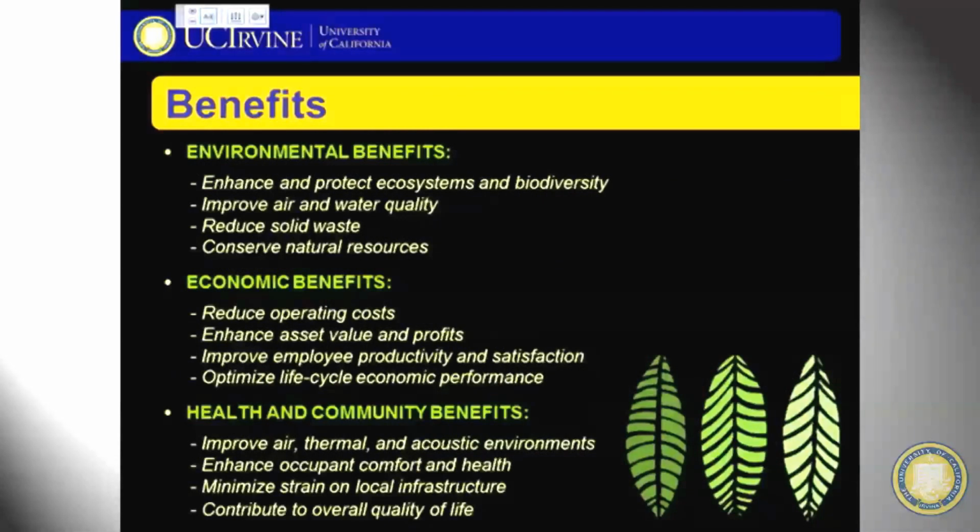The environmental benefits are designed to enhance and protect ecosystems, improve air quality and water quality, reduce waste, conserve resources, reduce operating costs, which is very important to the campus, enhance asset value, improve employee productivity, optimize life cycle economic performance, improve air, thermal, and acoustic environments, occupant comfort and health, and minimize strain on local infrastructure and contribute to the overall quality of life.